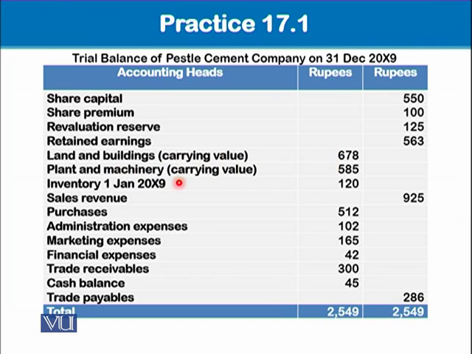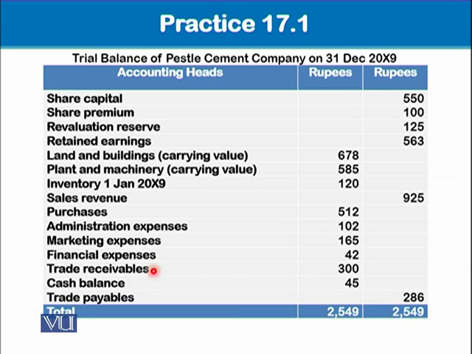Inventory on the opening date, which is 1st Jan 2000X9, is 120. It will be taken to cost of goods sold. We know it very well. Sales revenue is income. Purchases are an expense. Administrative expenses, marketing expenses, financial expenses, these are all expenses.